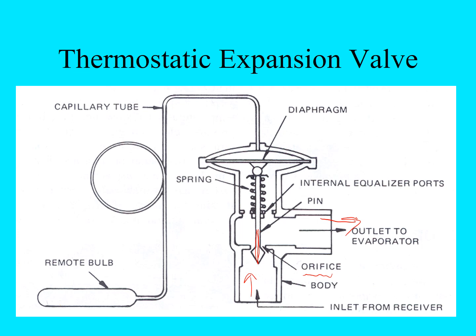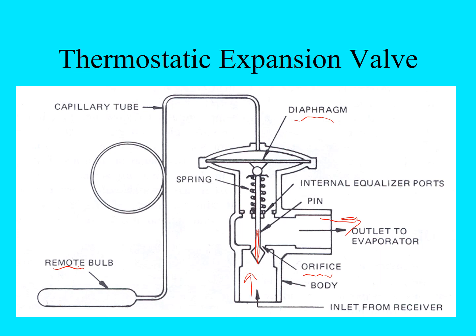So they show the diaphragm, and on the upper side of the diaphragm, that would be filled with liquid refrigerant, and that liquid refrigerant goes all the way to the remote bulb, and the remote bulb is hooked to the outlet tube of the evaporator core.